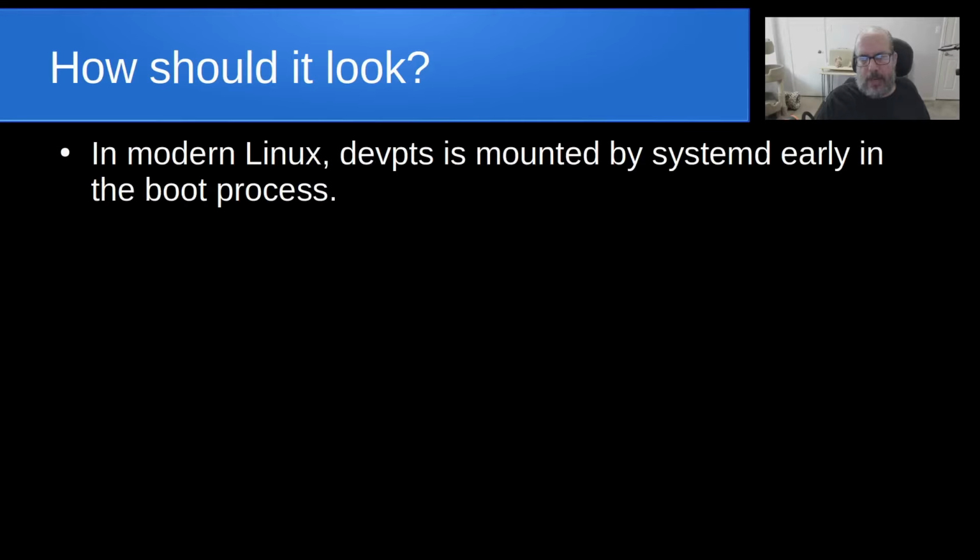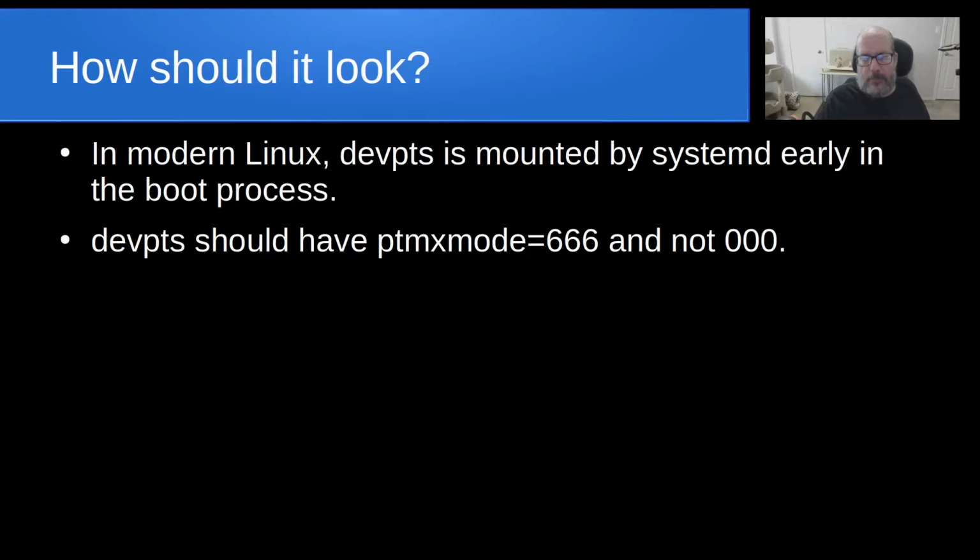So how should it look? Well, in modern Linux, /dev/pts is mounted very early in the boot process by systemd. And in older Linux systems, when /dev/pts was mounted, it was mounted in /etc/fstab. So /dev/pts should have a ptmxmode equal to 666 and not 000.